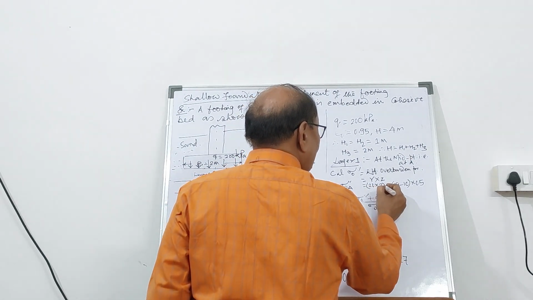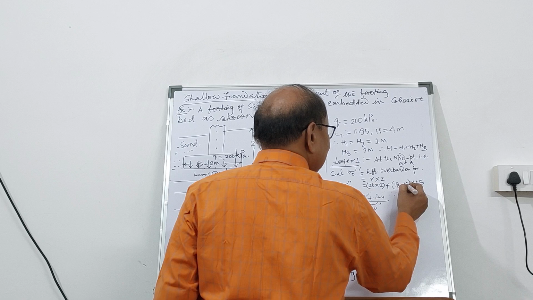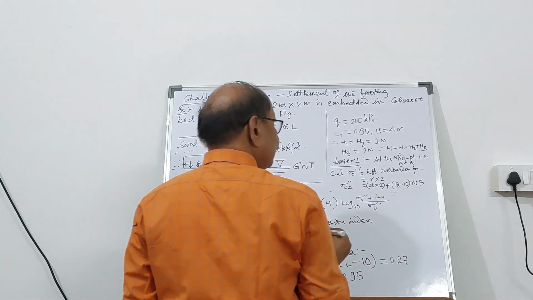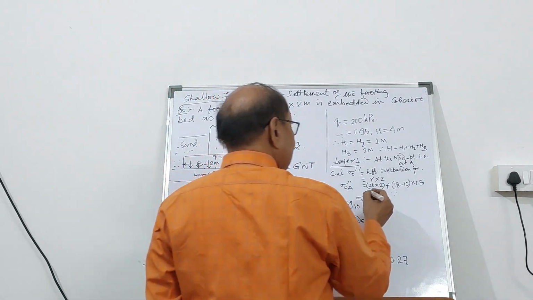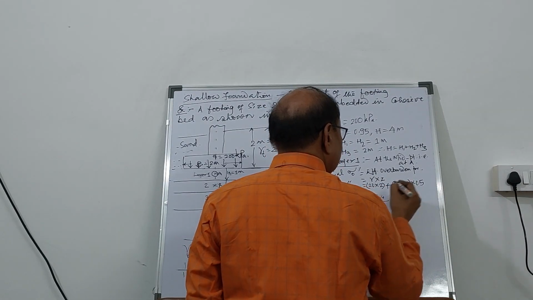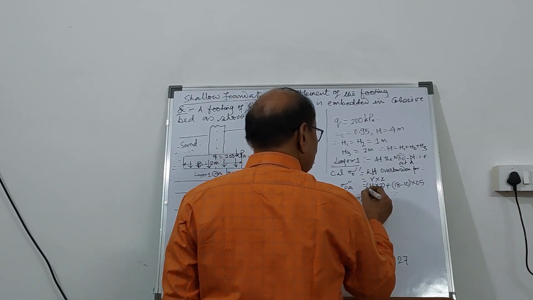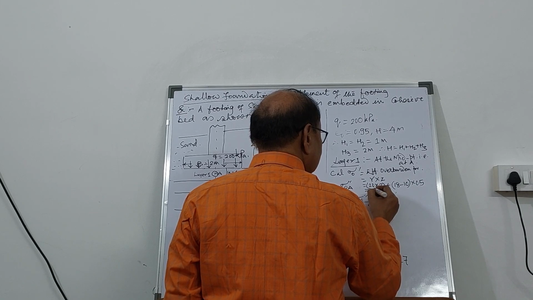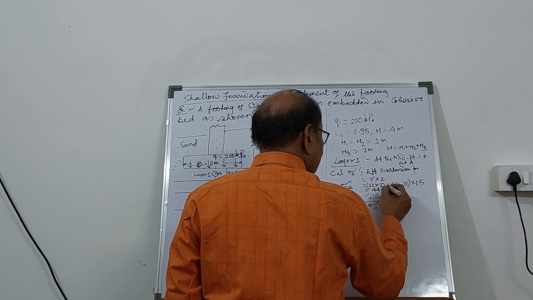So this becomes 40 and this becomes 4. So 44. 20 into 2 is 40 and half of 8 becomes 4. So this becomes 44 kilopascal.